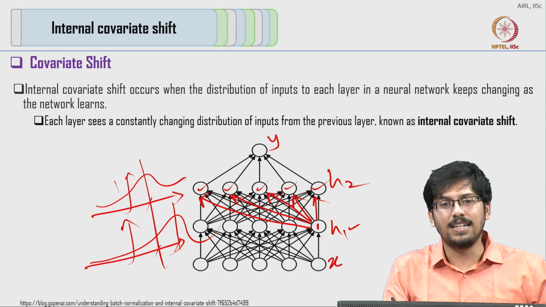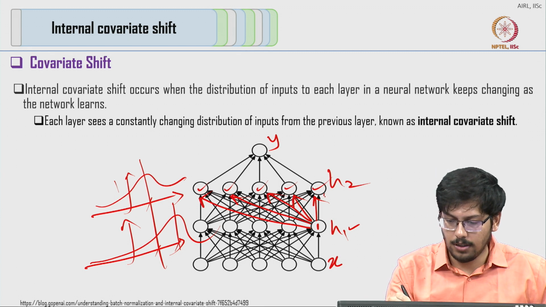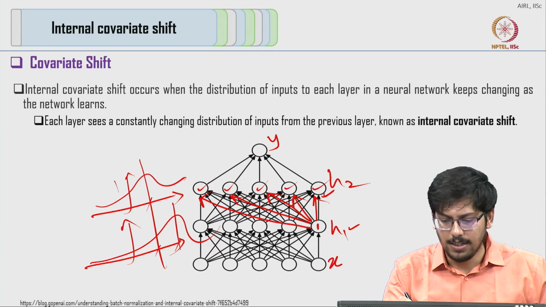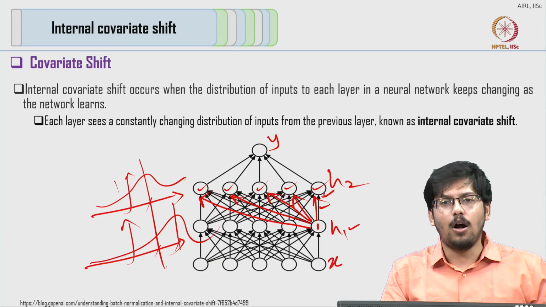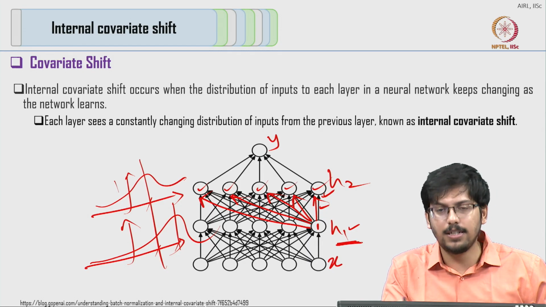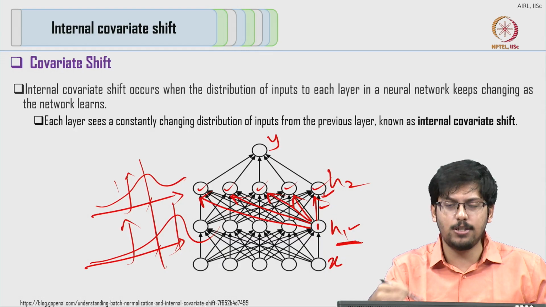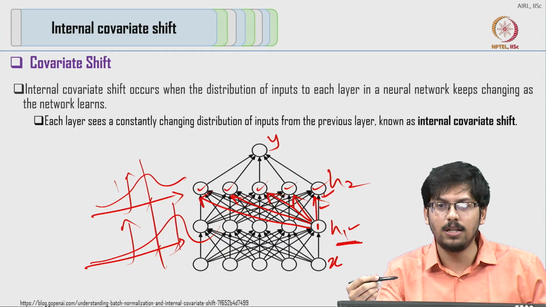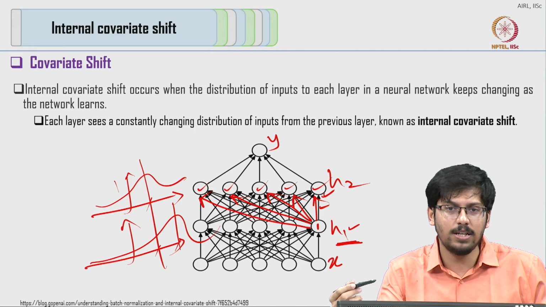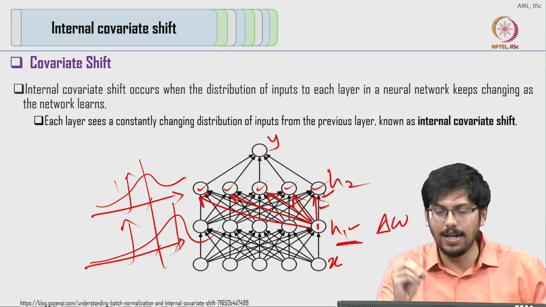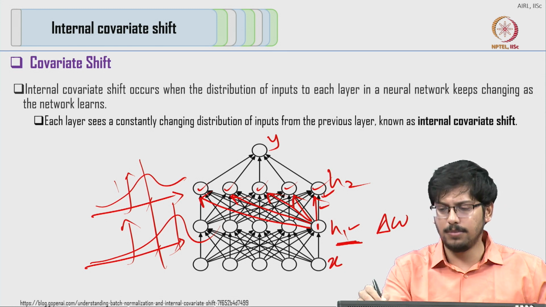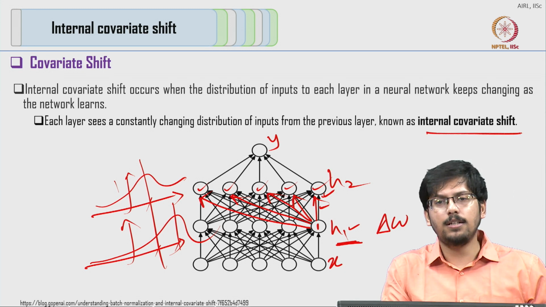Now if that is the case, then the distribution of the hidden layer h2 keeps changing, which means there is a very drastic change of w1, and hence it becomes harder for h1 to keep changing because h2 keeps changing. It is harder to learn when h2 is more dynamic. It will keep evolving, hence the weights will keep evolving, hence the delta w update that we get will keep changing because the local gradients will keep changing. This is something that we term as the internal covariate shift.